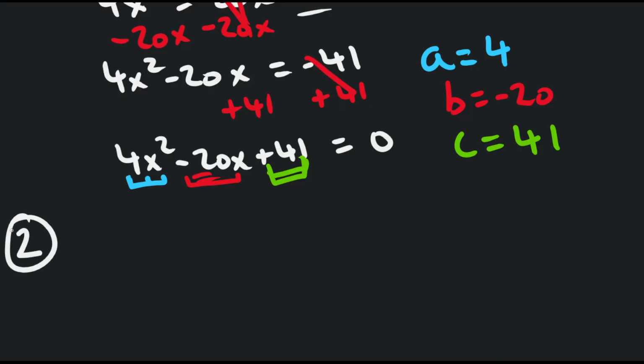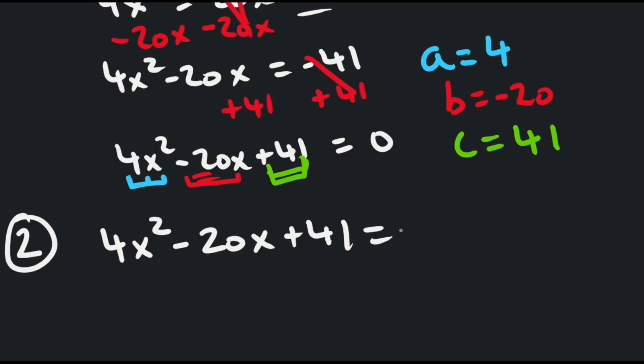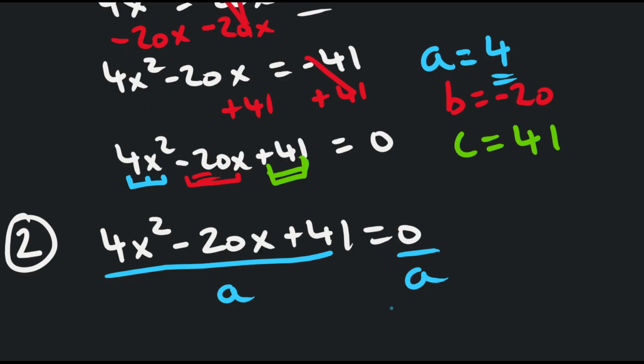Our second step is we are going to divide both sides by a. So let's rewrite this. We are going to divide both sides by our a term, and what did we say a was? A was 4. So let's divide both sides by 4.